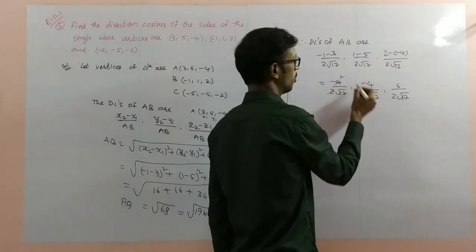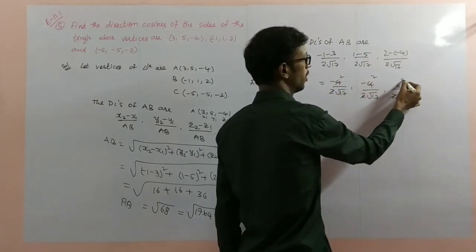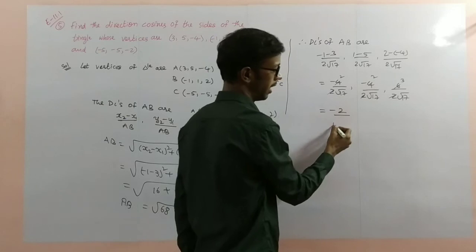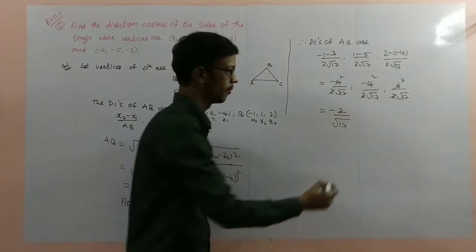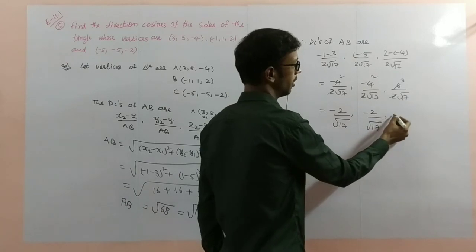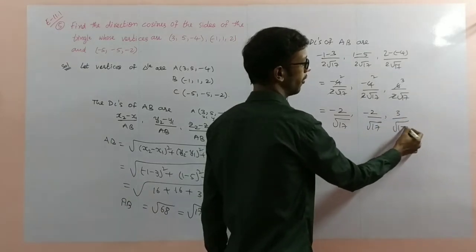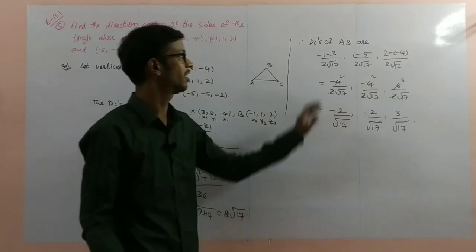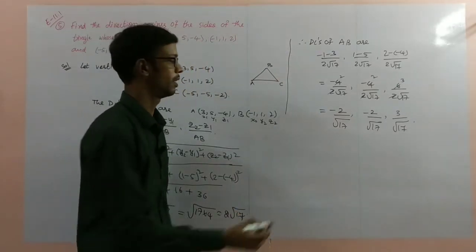Simplifying, that is minus 2 by square root of 17, minus 2 by square root of 17, 3 by square root of 17. So these are the direction cosines of AB.